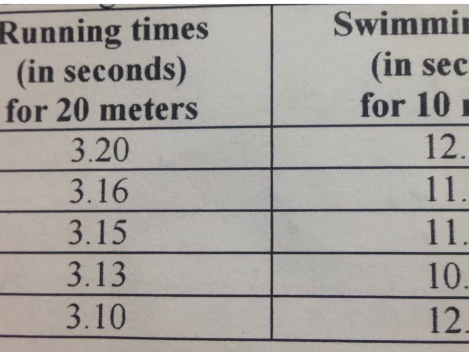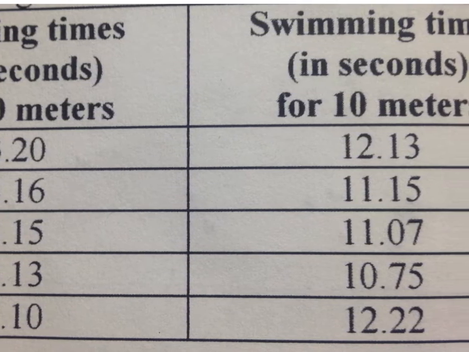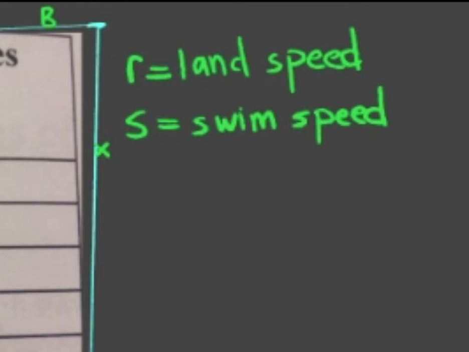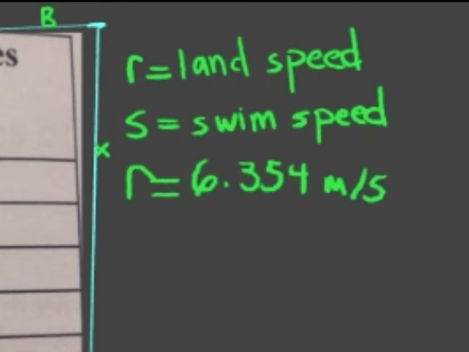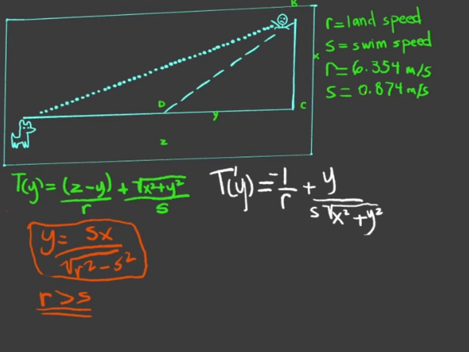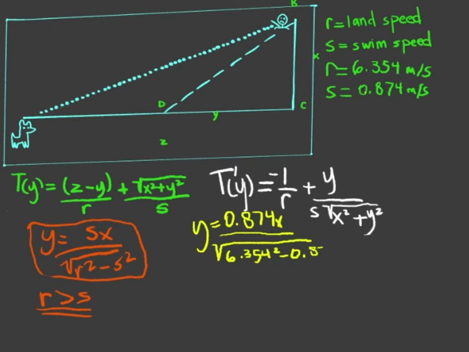Now that we have our solution, we are given running and swimming times by Timothy Pennings and his dog Elvis. We average the speeds we've calculated to find that r is equal to 6.354 meters per second and s is equal to 0.874 meters per second. We can apply these values to our optimized equation, substitute, and get y equals negative 0.874x divided by the square root of 6.354 squared plus 0.874 squared.